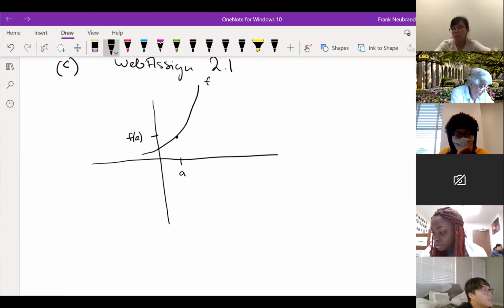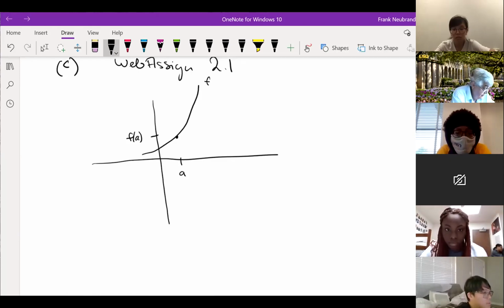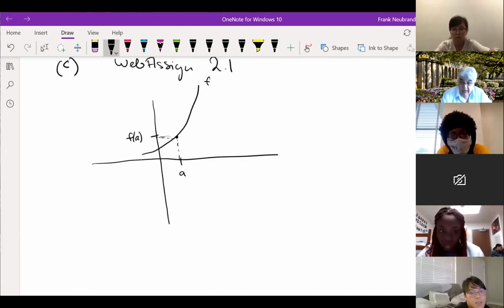So if we look at a function f, we look at the graph of the function f, we take an x value a, and then we get an output of f of a. And I ask you, by how much does the function change in a neighborhood of a?